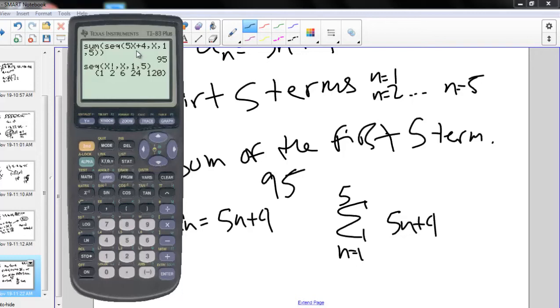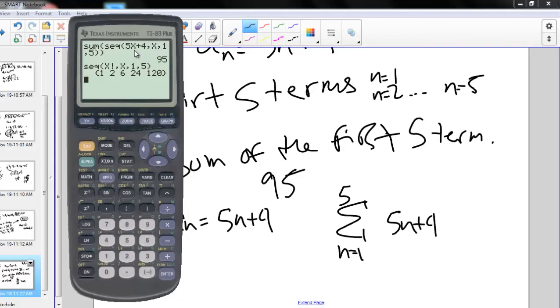There is a question. Yes, sir. When I hit the sequence, my calculator gave me a different screen where I had to input variables. Oh, all right. Some calculators don't do it the way mine does. At the top, it'll ask you to type in the expression, and it'll ask you what variable you're using. So type in x.